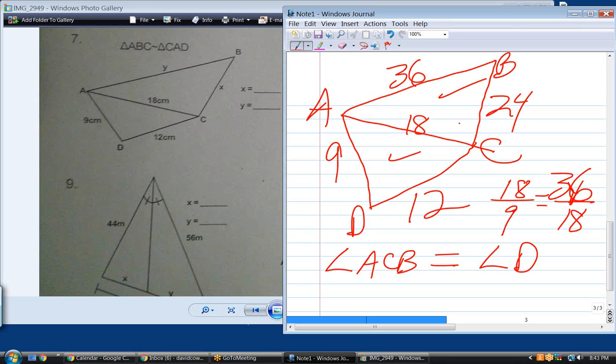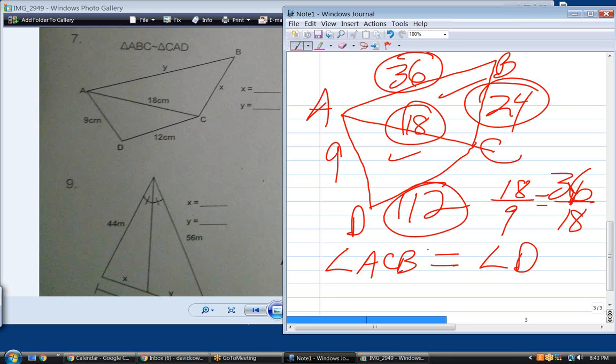And all my interrelationships are the same. 36 is to 24, as 18 is to 12. But you don't need to do it both ways. In other words, one way is sufficient.